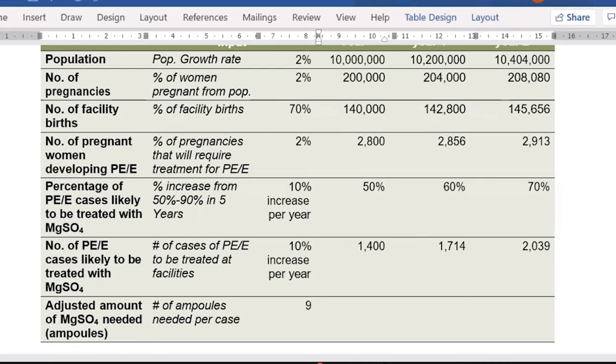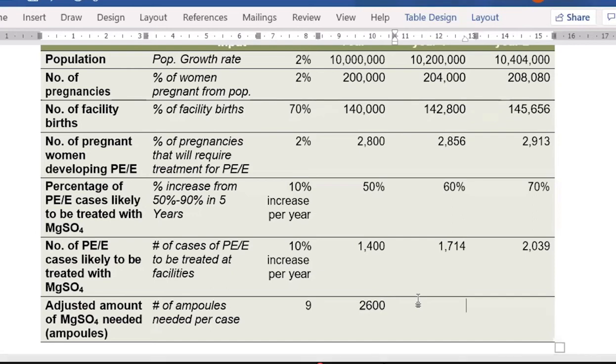Okay, give me the values. For the current year, it's 12,600.